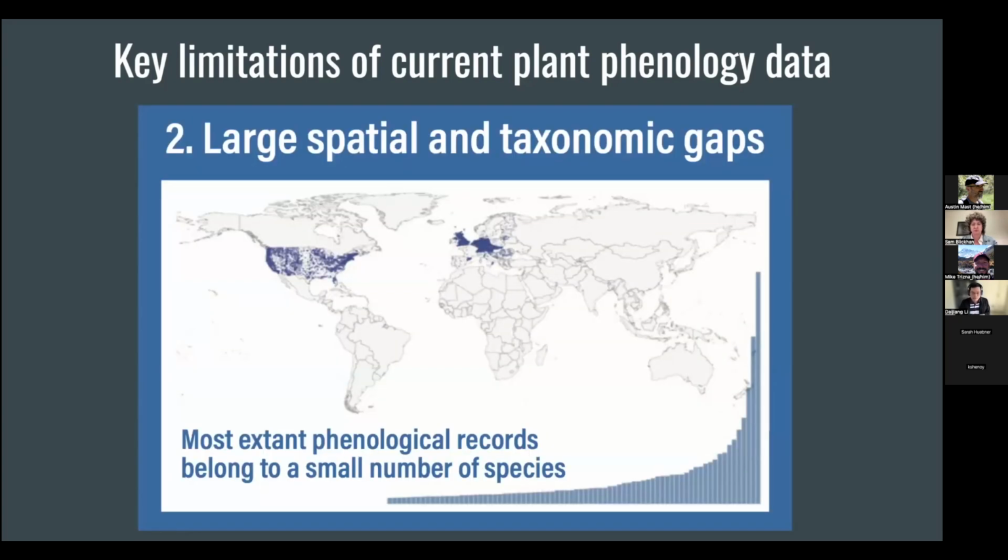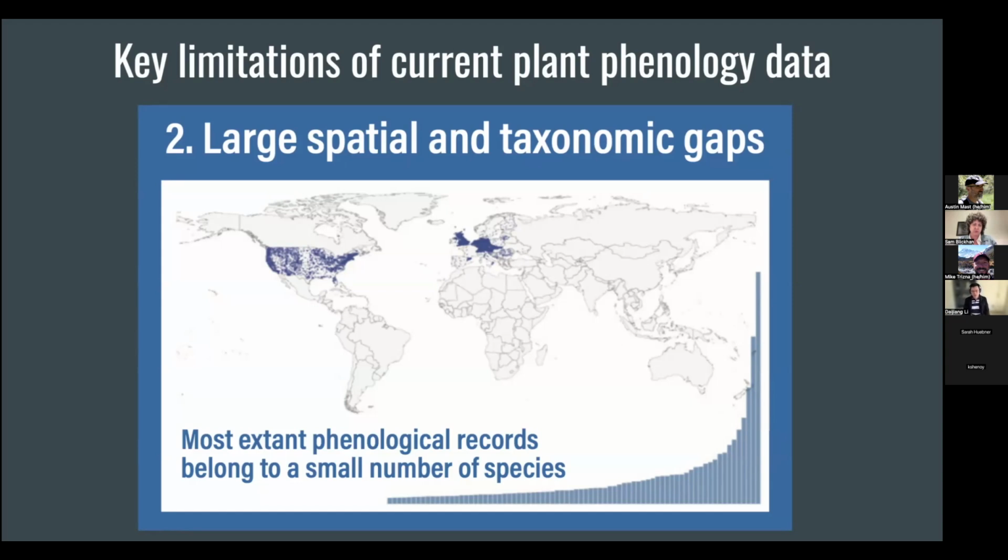And then the second limitation is that we have large spatial and taxonomic gaps. For example, here's a map of the existing open or semi-open plant phenology data, mostly in Europe and the United States.